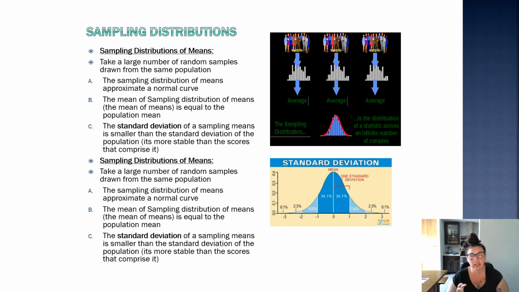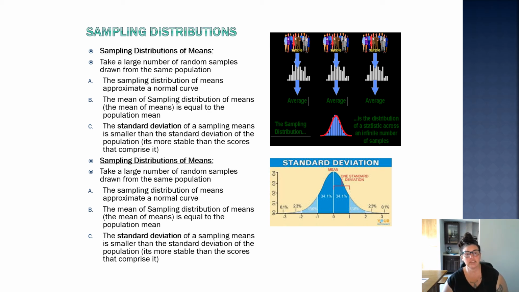If you take a large variety of samples from the population, the spread from lowest to highest should be smaller in your samples than in the normal population, because you're not going to have as much variation in your mean of means as you would in your entire population.